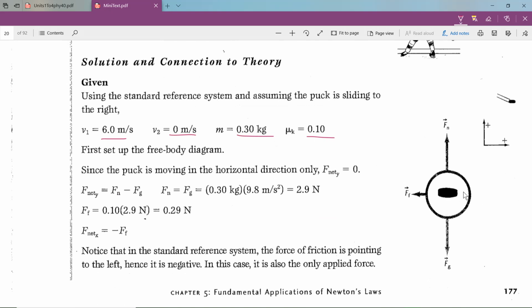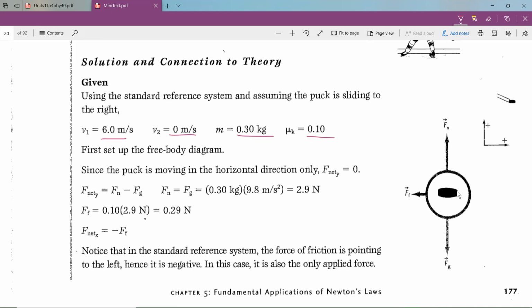Well, there isn't. The puck's already been launched. So you're now looking at it once it's been launched. So the only force in the horizontal is friction, causing it to slow down once it hits the rough patch. The gravity's going down, normal force is going up. It's sliding along the ice. It's not flying through the air. It's not a wrist shot, something like that.